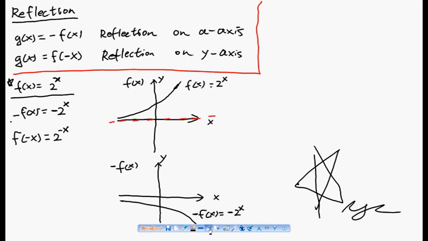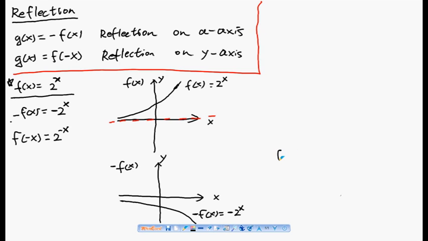Now I show you what the graph looks like if we have a reflection on the y-axis. The equation looks like this: 2 power of minus x. We put the minus sign just in front of x, not in front of the whole equation.